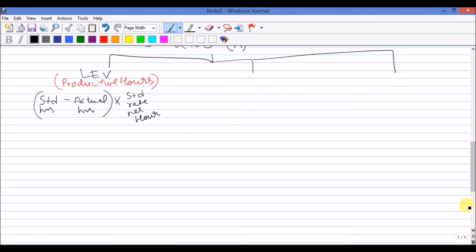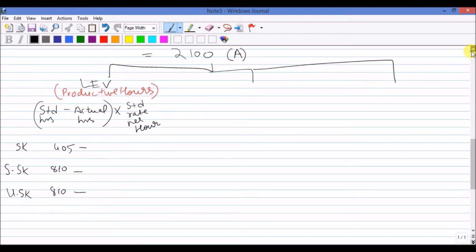So I have 405, 810 and 810. This is for skilled, semi-skilled, and unskilled. And remember friends, the actual hours are the productive hours.